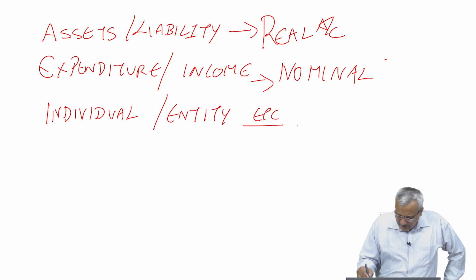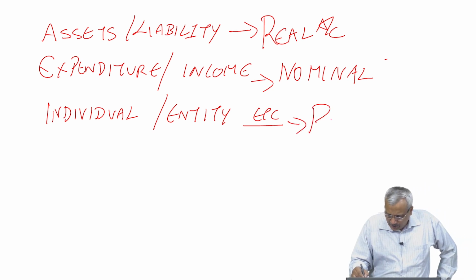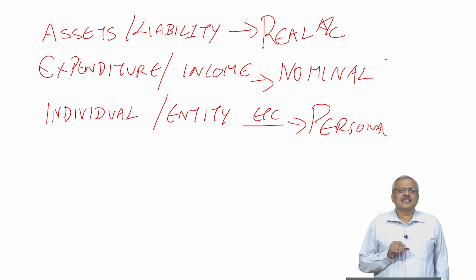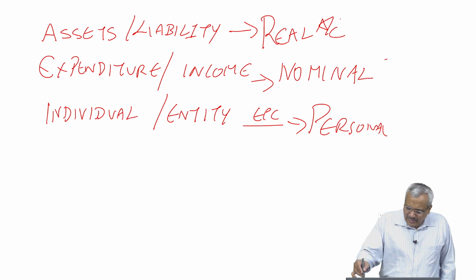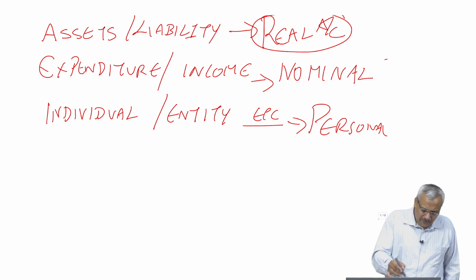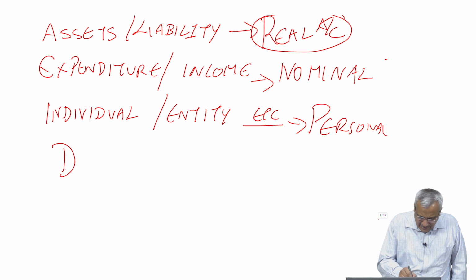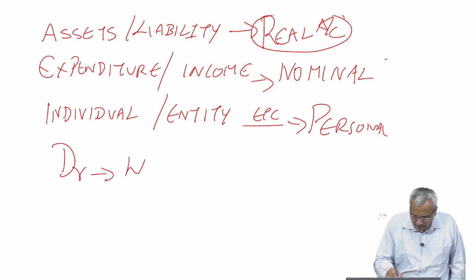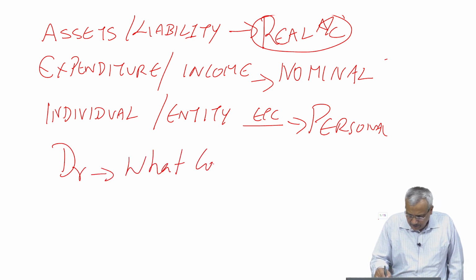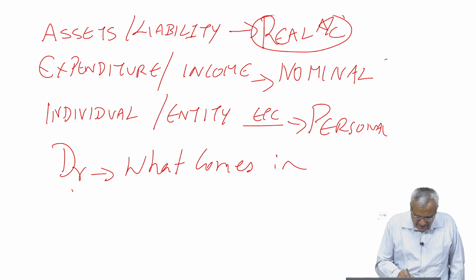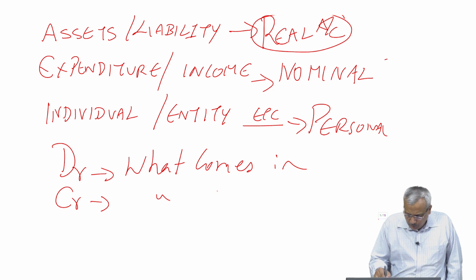For an individual entity, they apply the personal account principle. Now what does it say? Whenever it pertains to an aspect in a real account, that is an asset or a liability, we always say debit what comes in, credit what goes out.